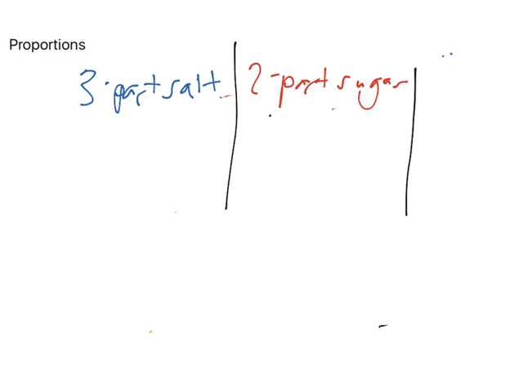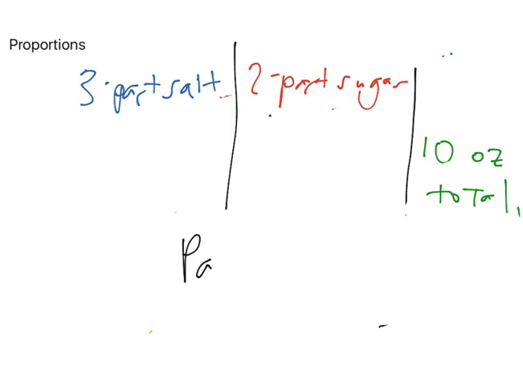We want 10 ounces total of seasoning. So seasoning is just salt and sugar together. So 10 ounces total. That's what we want. So the ratio is 3 parts salt to 2 parts sugar. We want 10 ounces in total. How much salt do I need?